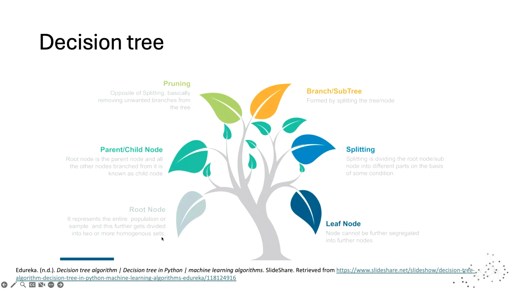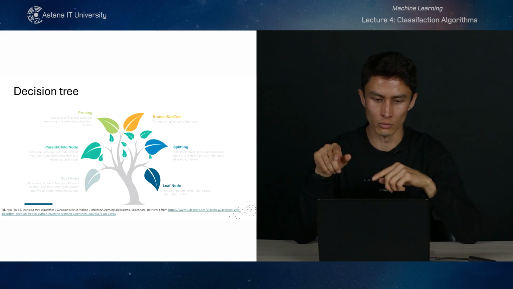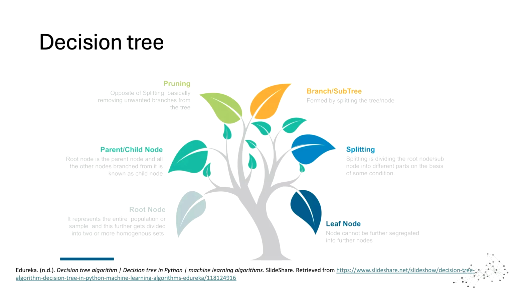So initially you have the parent node at the beginning, and from that point you start to split your data set, and the other branches are called child nodes, or also subtrees, where your decision tree starts to get split into different smaller branches.